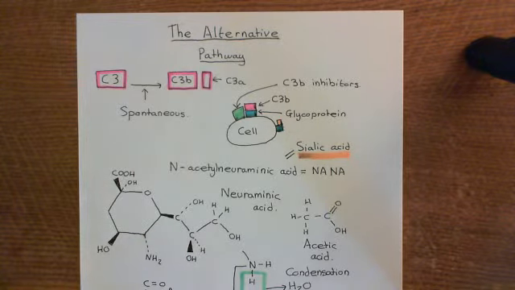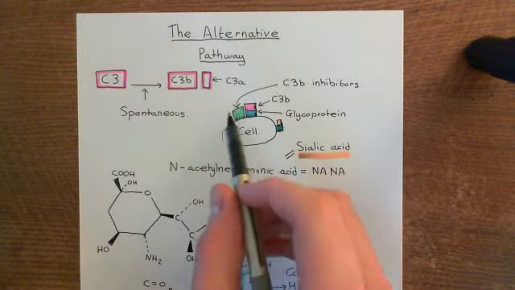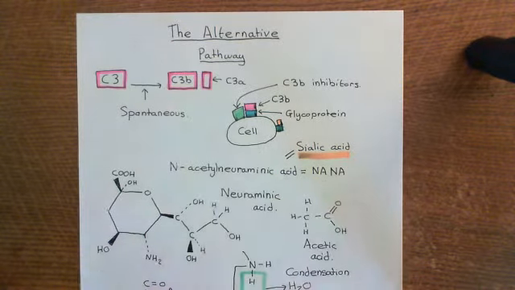Now they will bind to the glycoproteins on the surface of normal, healthy cells, okay, which could be very dangerous, except for the fact that normal, healthy cells have these molecules on the surface of their membranes which are there to basically bind to the C3b and stop it from triggering any further activity.